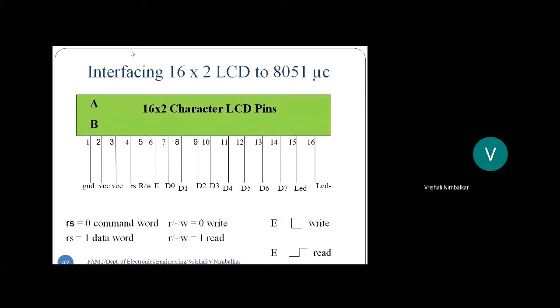So the very first thing while programming, we need to send some command words to the LCD. By sending those command words, the LCD gets initialized and starts to function properly. After initialization, we send the characters to display. Is that fine? Now, what are the command words?